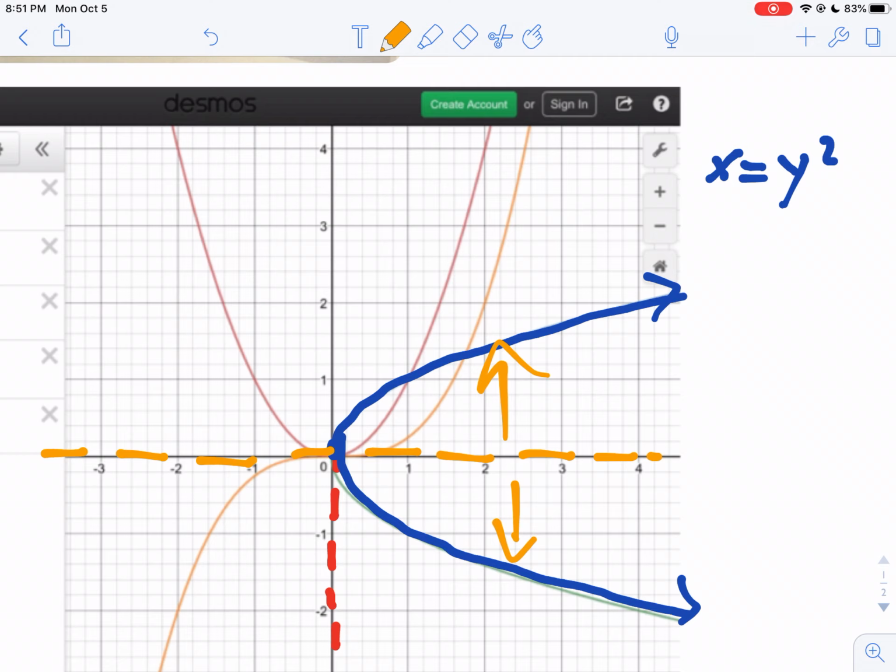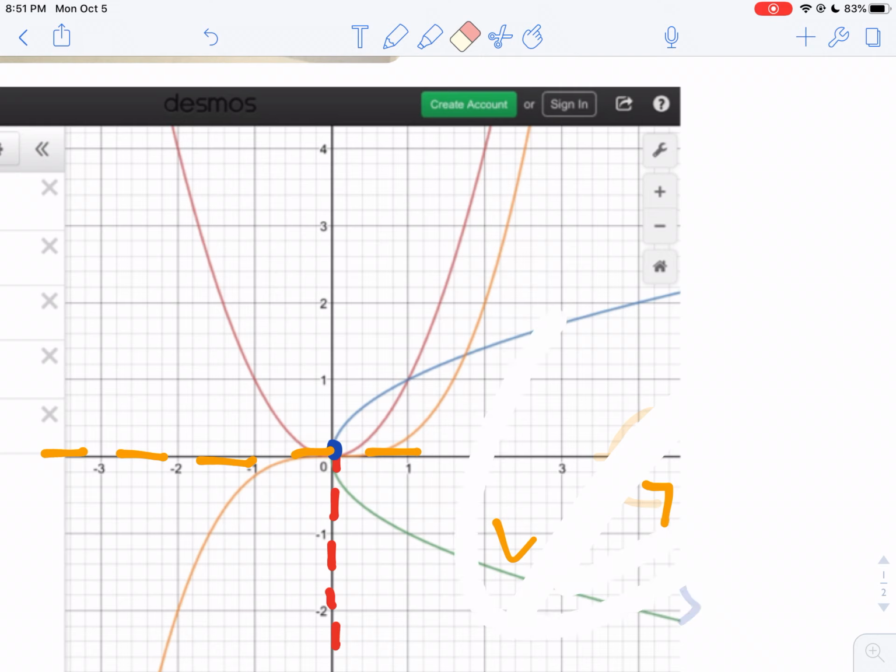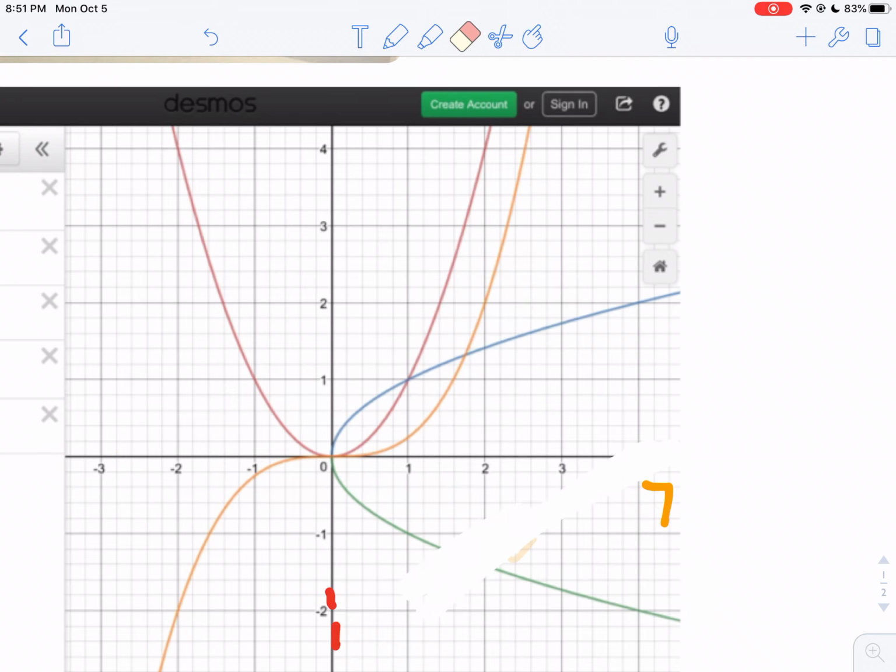Every single point corresponds to the same distance as the point on the other side of the axis of symmetry. So this function x equal to y squared, we say that it is symmetrical about the x-axis.